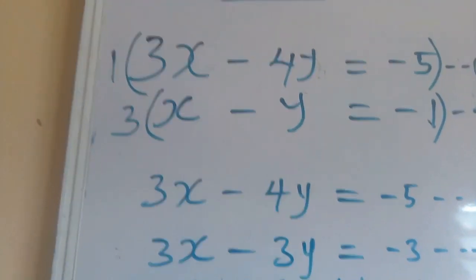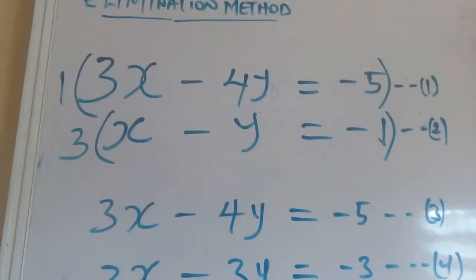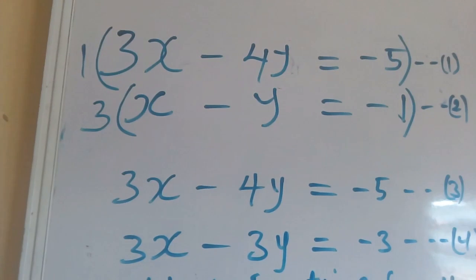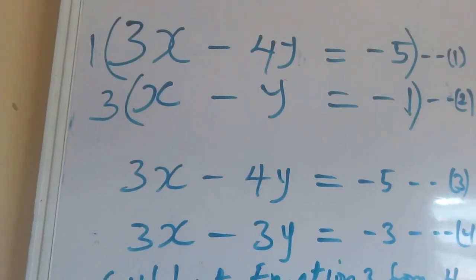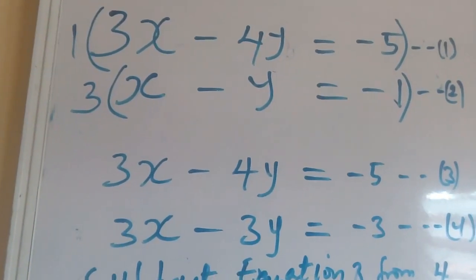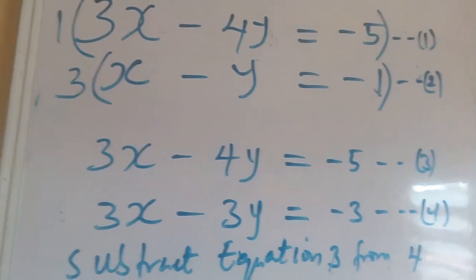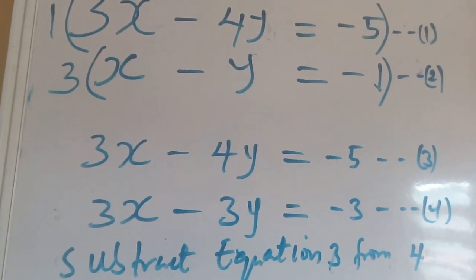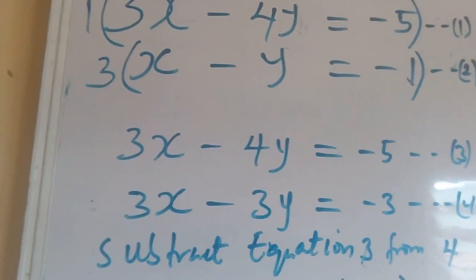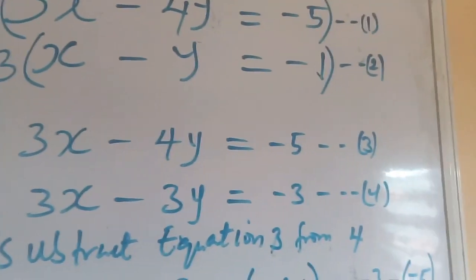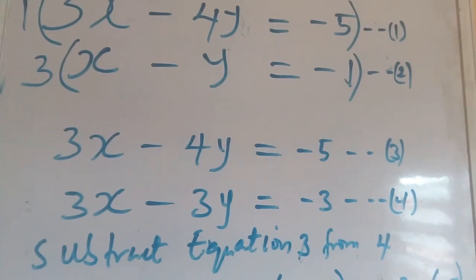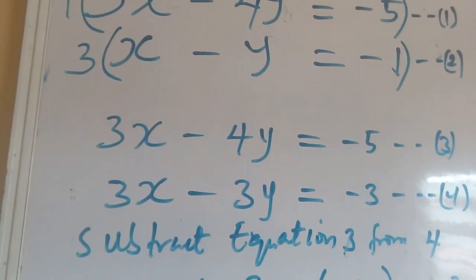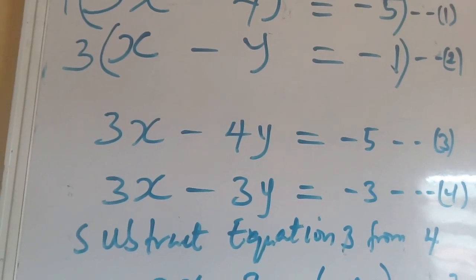If you multiply equation 1 by 1, the equation remains the same. Now if you multiply equation 2 by 3, the new equation will be 3x minus 3y equals minus 3. This is the new equation that we have on the board. Combining these two equations, we have been able to achieve the same coefficient for x.